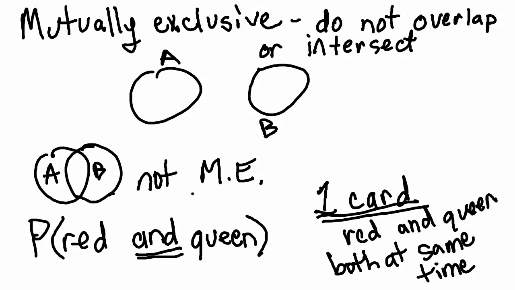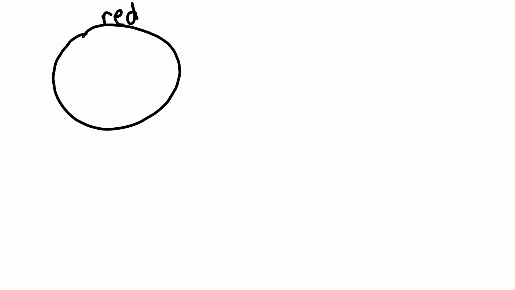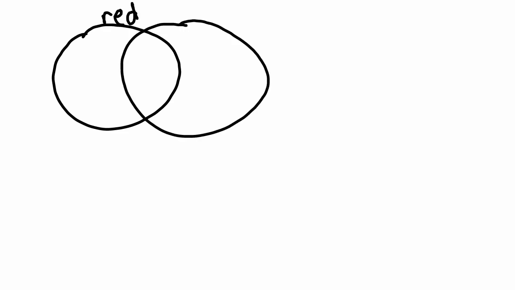So in this case, if you draw a picture, we have the red cards and we have the queens. And these two do overlap.